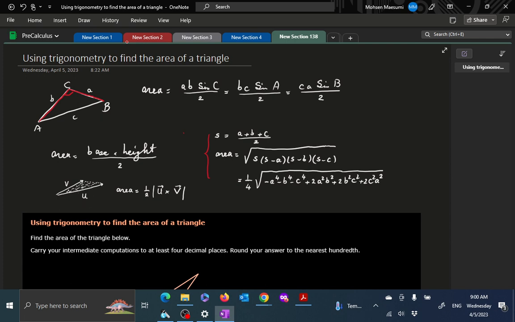So if you have a vector and another vector, you're going to learn what it means to do a cross product of the vectors, and what it means to take the absolute value of that. And there's going to be a similar formula there that is essentially the same as what we are doing today, but with a different notation. If you go to Wikipedia, you're going to see many more very interesting formulas there. If you're interested, let me know.